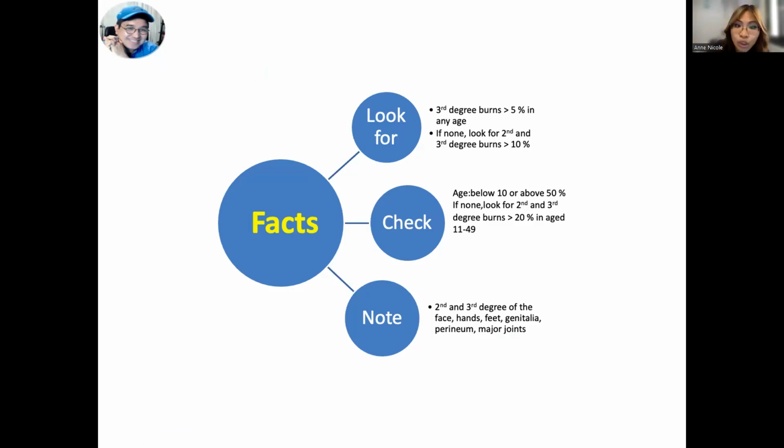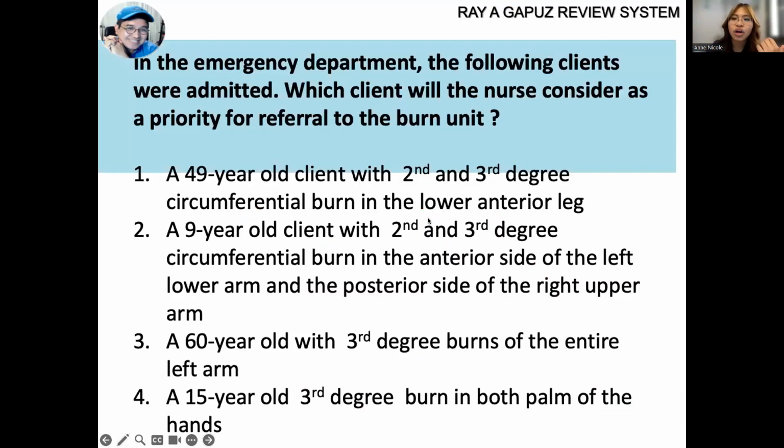If they are below 10 or above 50 years of age, if there is no one below 10 or above 50 years of age, that's when you look for the second and third degree burns of more than 20% for the ages 11 to 49. Okay, you also have to note if there are burns in the face, hands, feet, genitalia, perineum, and other major joints. So let's try to apply this one with your question.